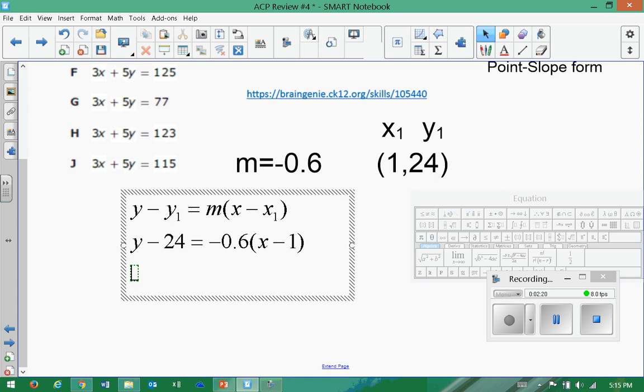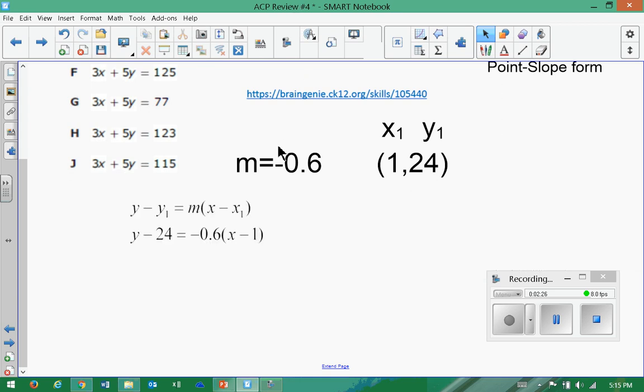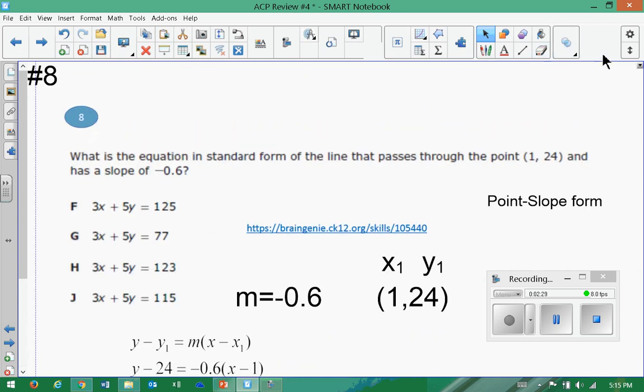Now, we'll do one or two things here. We eventually are looking for standard form. If you look at what the problem is asking for, we are looking for standard form. And what does standard form actually look like?